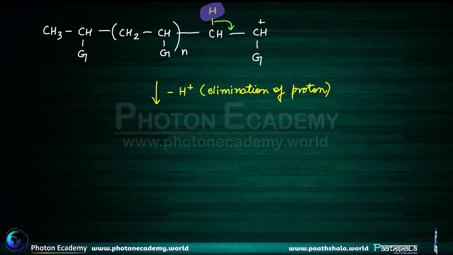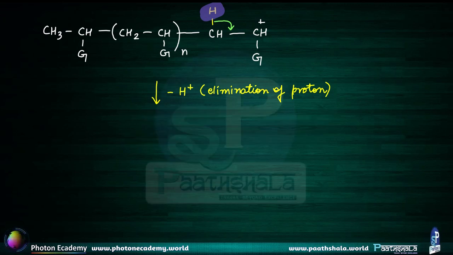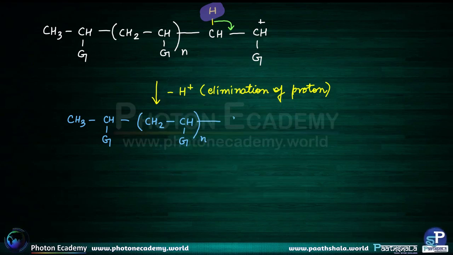That is, this H is being removed from the chain, and therefore the species that we will obtain after the removal will be CH3CH with a group G, followed by the end units, that is CH2CH with a group G, end units of it. Since this H gave its bond to us, there'll be a double bond over here and followed by CH with a group. So we have got this after the termination of the chain.